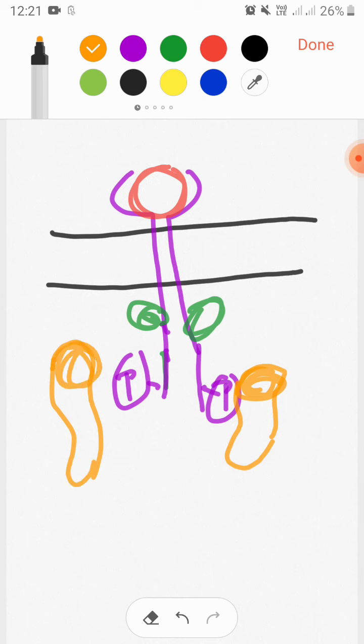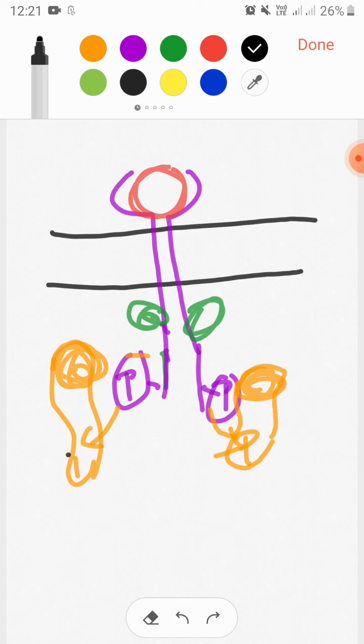There are actually 6 types of STAT molecules, STAT 1 to 6, and after binding these STAT molecules also get phosphorylated on their tyrosine.